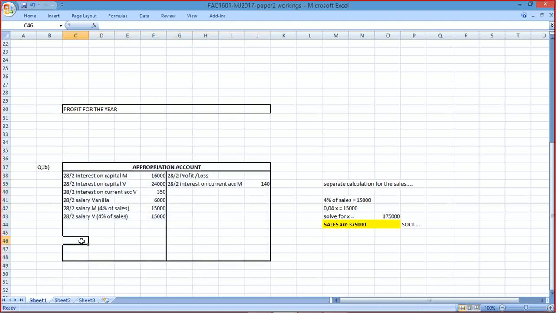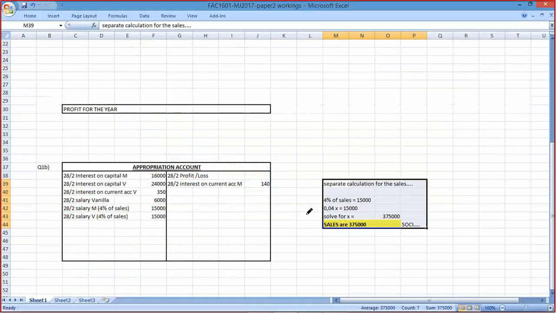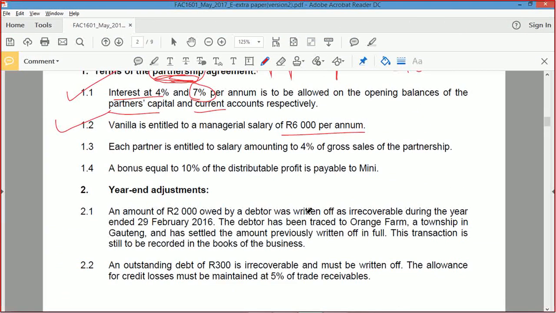Obviously there was a working for that. We had to calculate it here, and that was part of the appropriation. This would have been part of my workings at the end of my answers. Alright, so now I've looked at 2.5. I've recorded the transaction and I've calculated the sales.